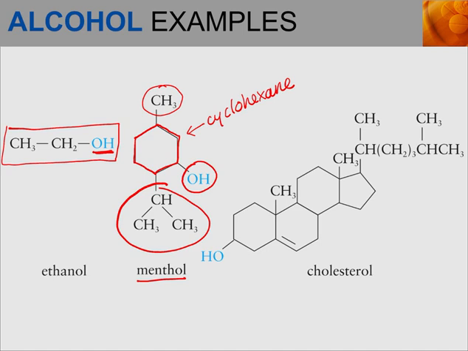And then finally, off to the right, we have cholesterol. So this is the kind of condensed structure of cholesterol. And again, note the OH group down on the bottom left. Now, you don't have to know these structures. I'm just showing examples of how each of these have an OH group attached. So they are alcohols.